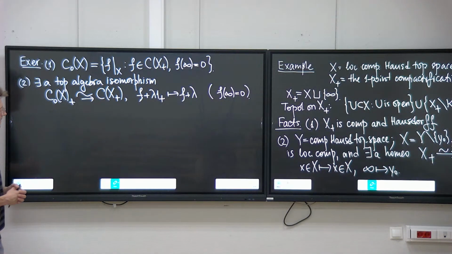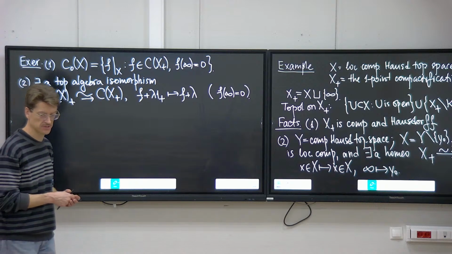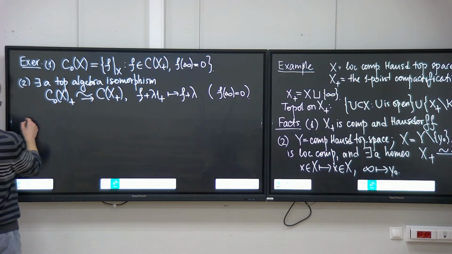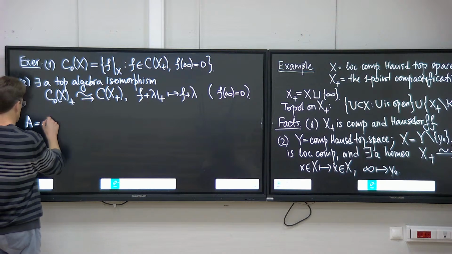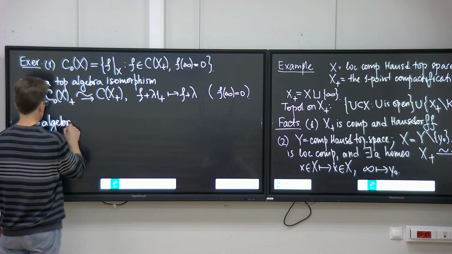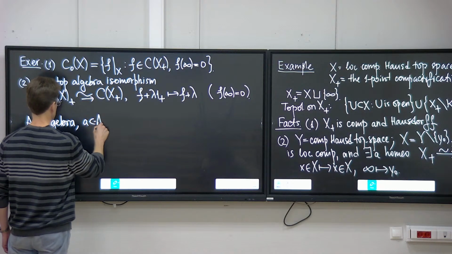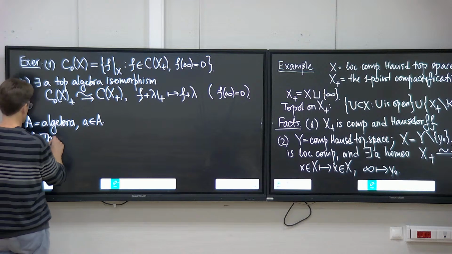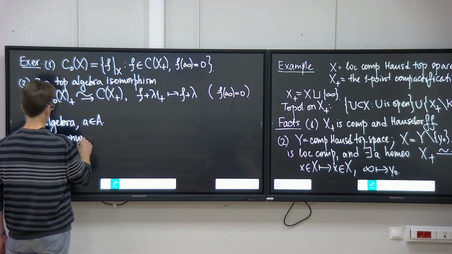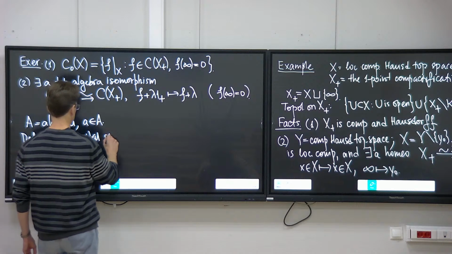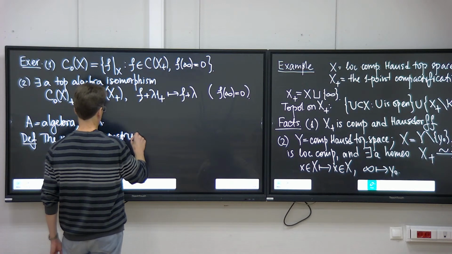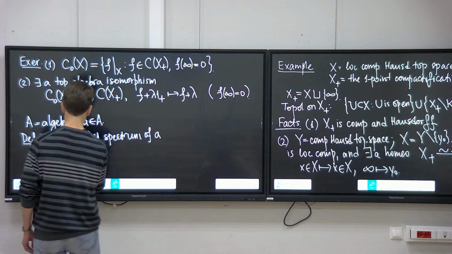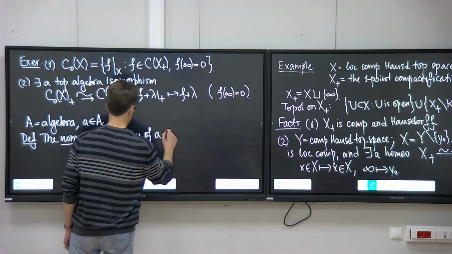Okay. Now let's extend the notion of the spectrum of an element of an algebra to the non-unital case. So again, we take an arbitrary algebra A over the complex numbers and an element little a in A. And we define the non-unital spectrum of little a as follows.